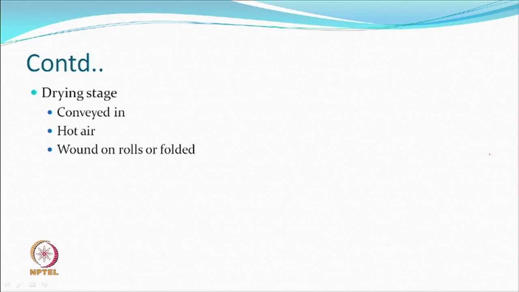So, then you take this out of the conveyor and then dry before you take it for post printing operations. So, this has to be done. You can wind on rolls or fold.